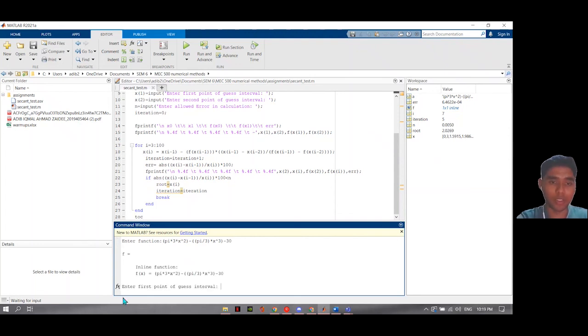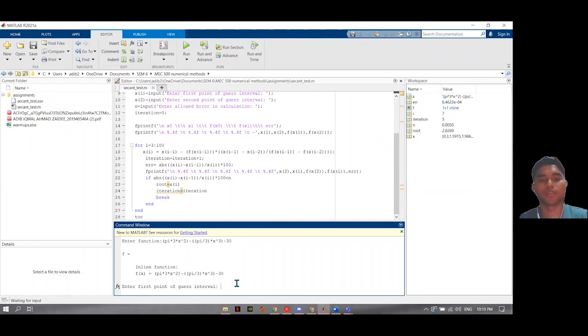So there we can see the inline function being called. Now we have f(x) equals pi times 3 times x squared minus pi over 3 times x cubed minus 30.